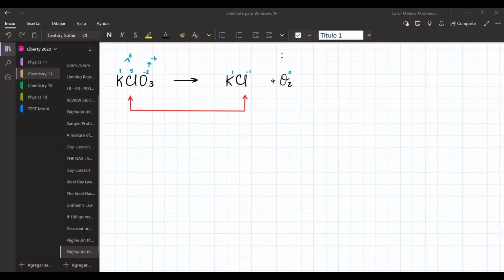Okay, so here we have reduction. Then we have oxidation. Where do I have oxidation? Oxidation is here.